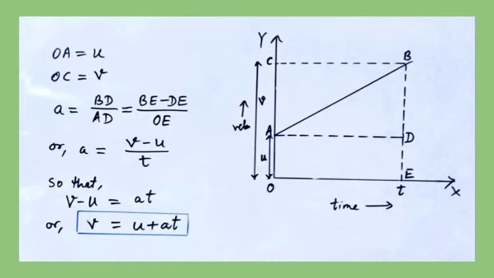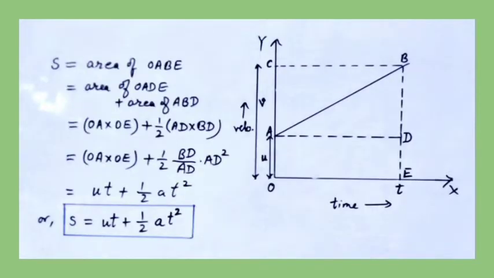As BD is equal to BE minus DE and AD is equal to OE, acceleration a is equal to (BE minus DE) by OE, which is equal to (v minus u) by t. So that v minus u is equal to at, or v is equal to u plus at. This is the first equation of motion.